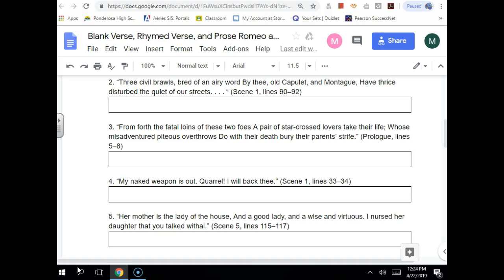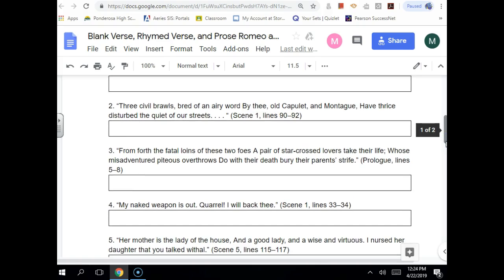What's the difference between the two? Ron? Prose is everyday dialogue, and what's blank? Iambic pentameter, okay? The da-da, da-da, da-da. So let's see. I'm going to put a line over a stressed syllable. Three. Is three up or down?